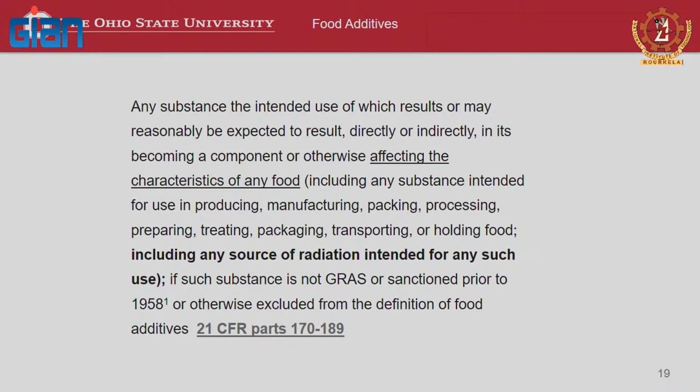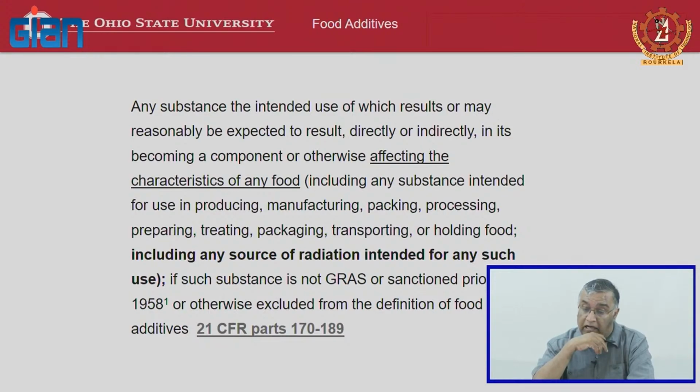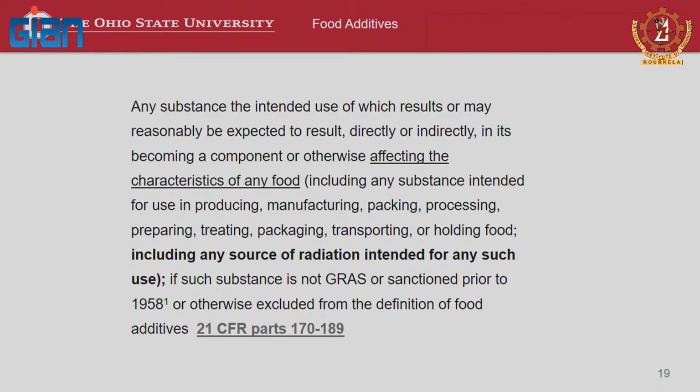The next thing we are going to talk about is food additive. So, what is a food additive? You have food and you may add something directly or indirectly, and it becomes part of the food; that is called a food additive.